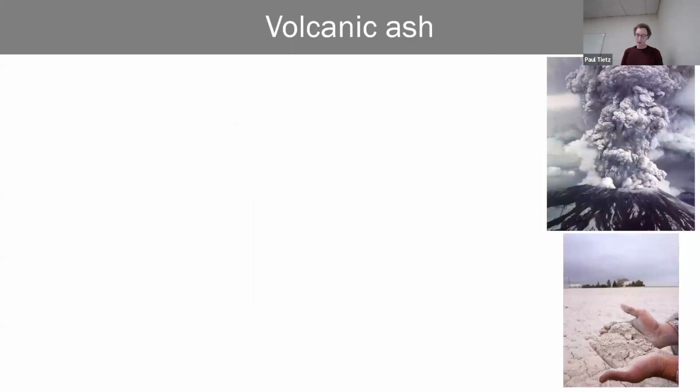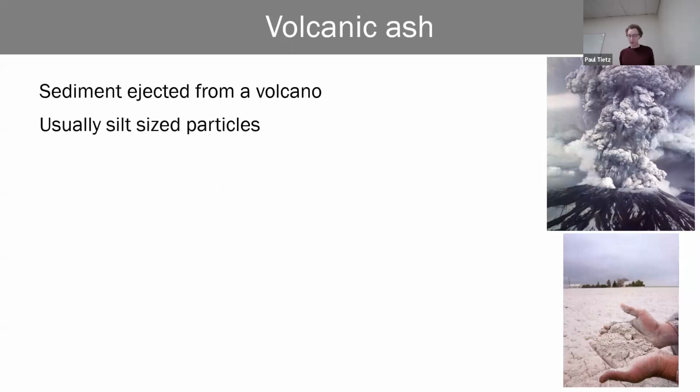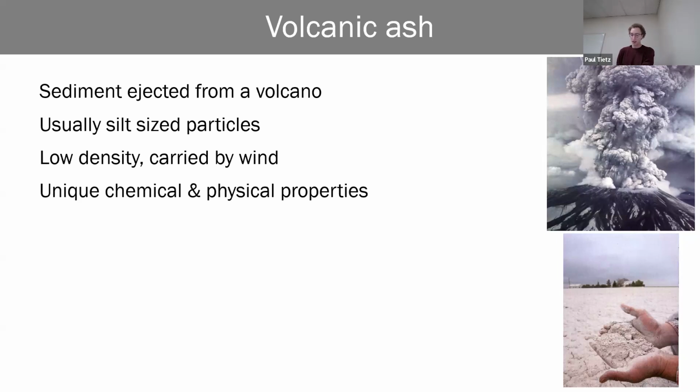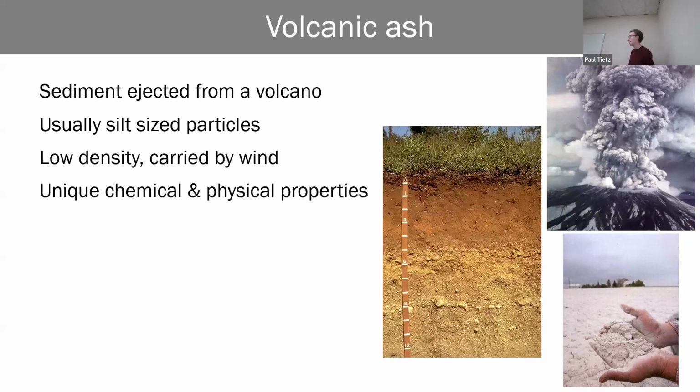Another one we'd be remiss not to talk about in parent materials here is volcanic ash. Any sediment ejected from a volcano, usually silt-sized particles, kind of famous or known for its really low density, carried really long distances by the wind, which is how we ended up with our volcanic ash here from the Mount Mazama eruption, now Crater Lake, Southwest Oregon. And the important thing about volcanic ash is its really unique chemical and physical properties.